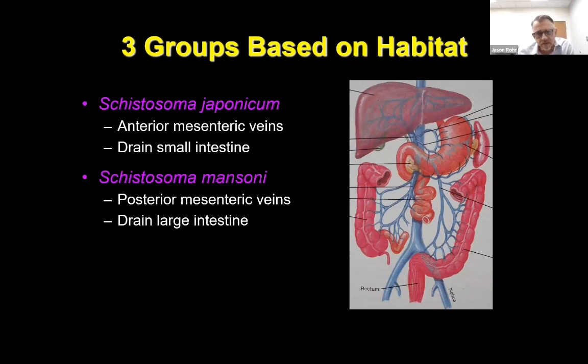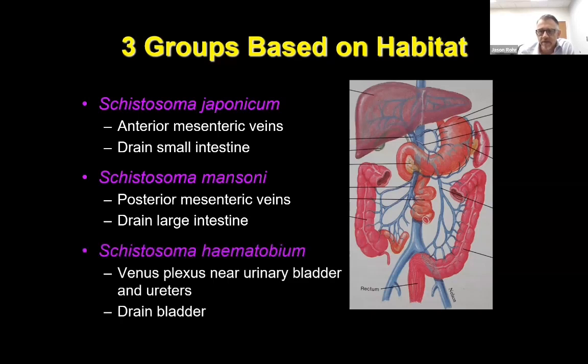And then finally, Schistosoma hematobium, which causes urogenital schistosomiasis. It's found in the veins that drain into the bladder. And so that's why it causes bloody urine, because it damages the bladder, which causes blood in the urine.